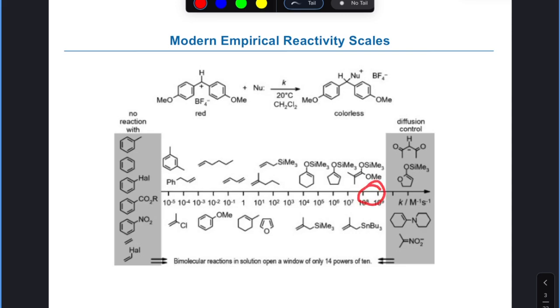These are the more nucleophilic ones, so they're faster. Anything like these ones, the sort of true enolates or the silyl enolate systems or enamines or these other sort of nitrogen nucleophiles, these guys are way too fast for this specific electrophile. Same thing on the other side. These ones are way too slow for this specific electrophile.